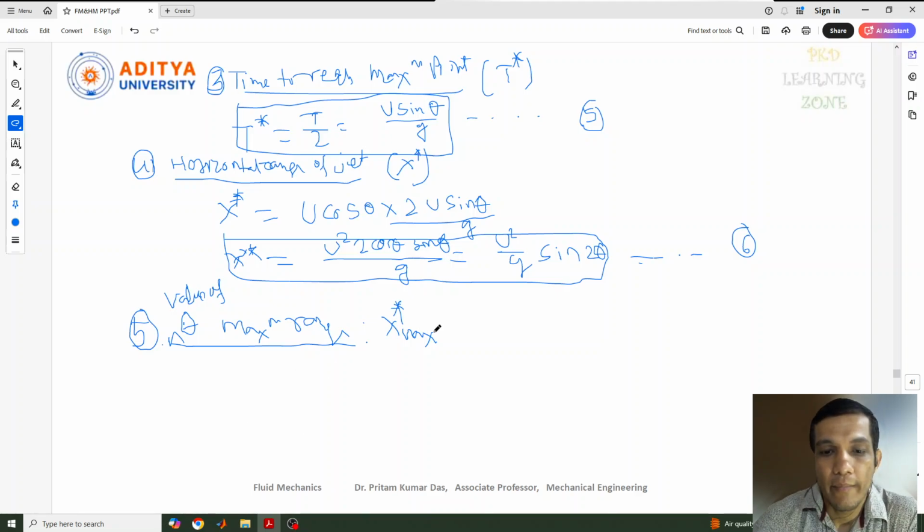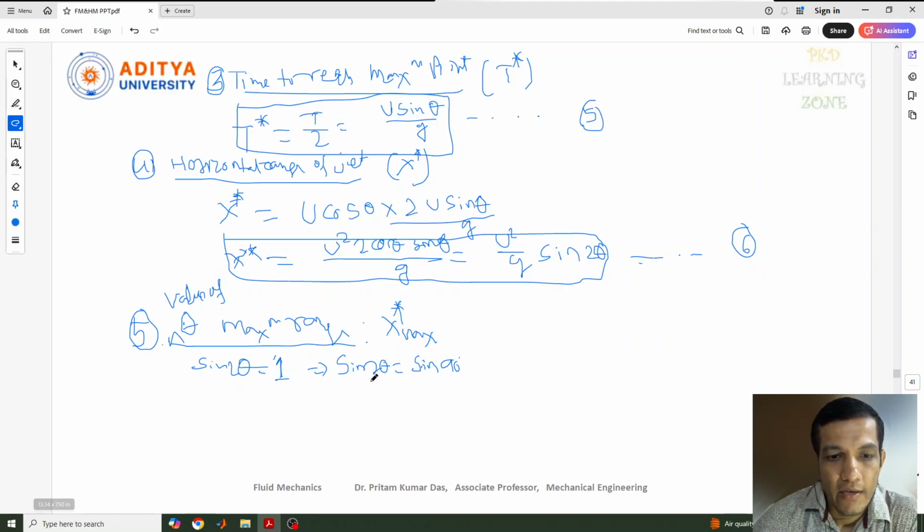Now when it is maximum, sin 2 theta maximum means 1. So we can write sin 2 theta equal to sin 90 degree, because we know that sin 90 equals 1. Now here I can write 2 theta equal to 90 and theta equals 45 degree, that is 90 by 2.